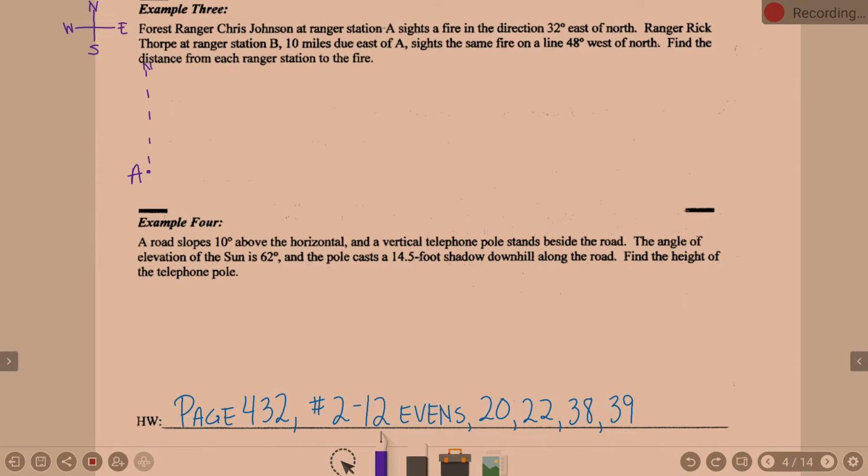Just to give you a bearing there. So 32 degrees east of north, where is that going to be? It's 32 degrees to the right. So what we're saying is he sights the fire 32 degrees east of north. Now, what is that 32 degrees? That is that angle right there.